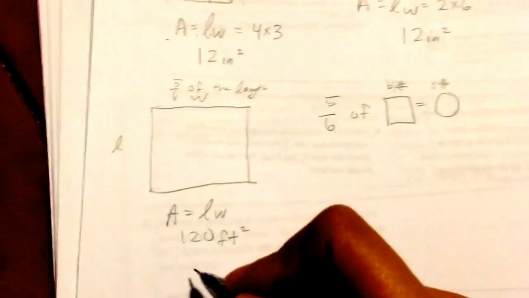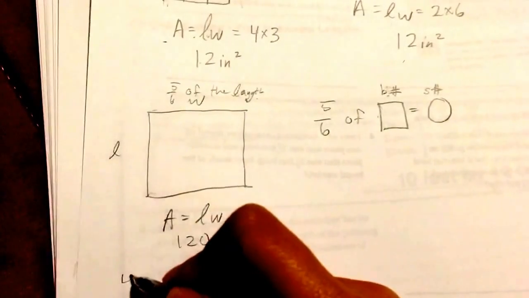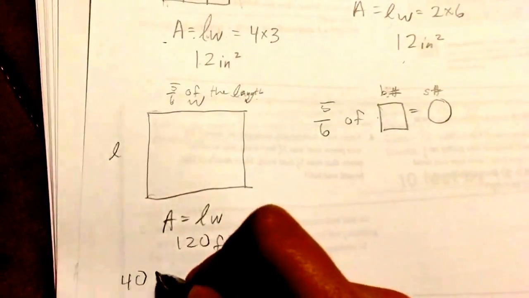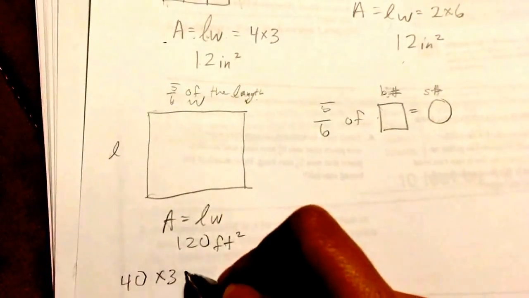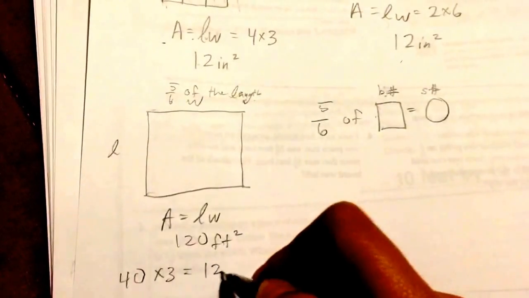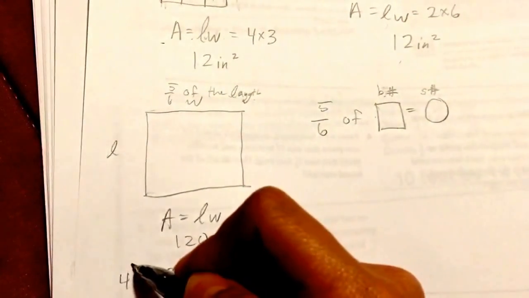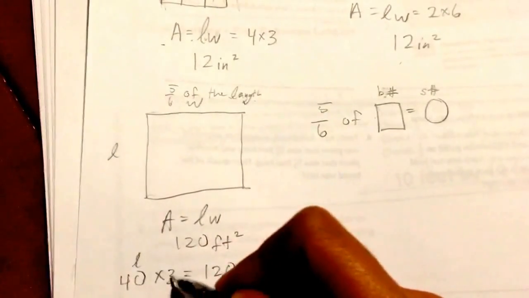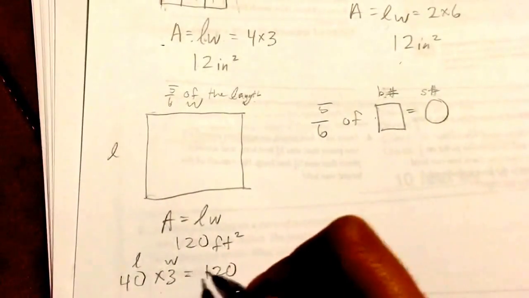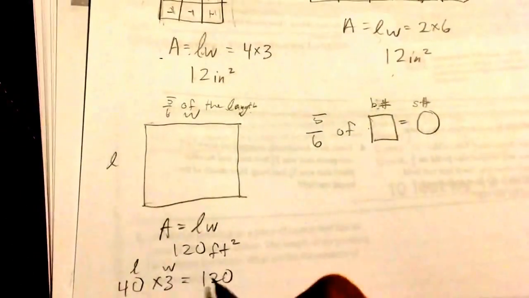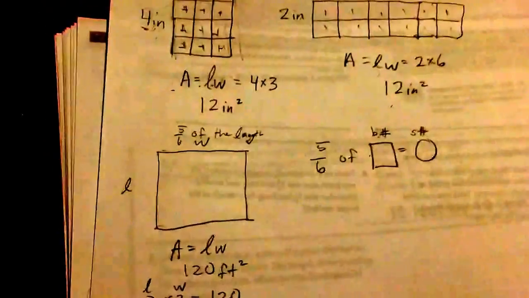So for instance, a possible answer could be 40 times 3, because 40 times 3 is 120. So 40 could possibly be the length because it's the larger number, and the width could possibly be 3 because 40 times 3 equals 120.